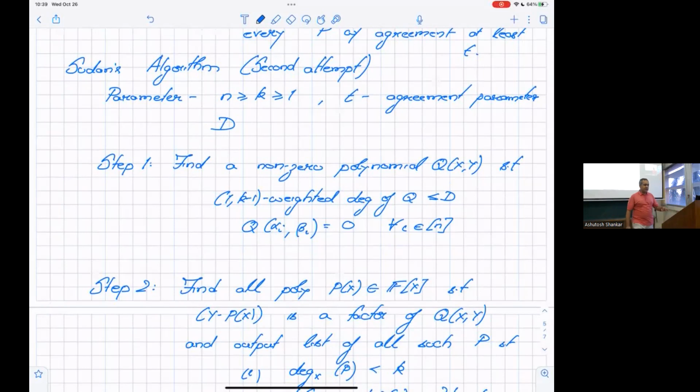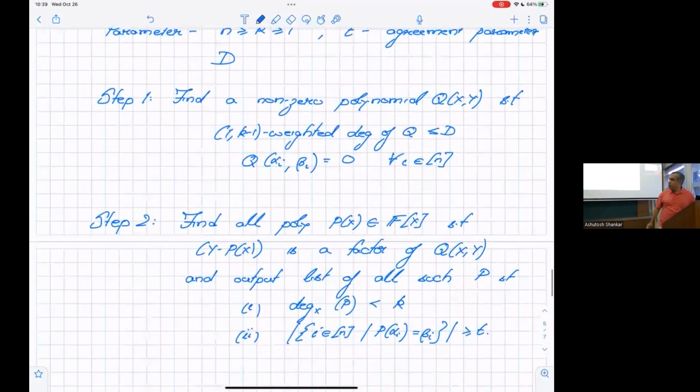Now step 2, the analysis becomes extremely simple. Step 2, the analysis is as before: if d is larger than t, then every p that has agreement at least t will be a root of Q of x comma y. Step 1, we need to choose d such that the number of monomials of that type is more than the number of equations.